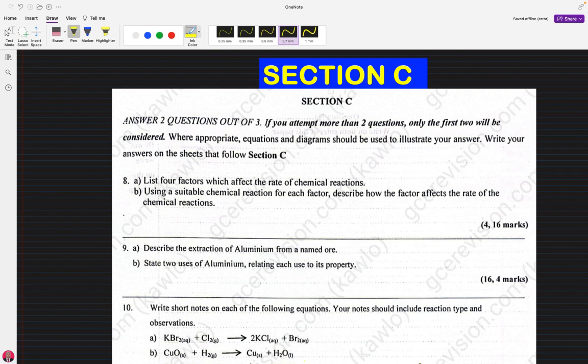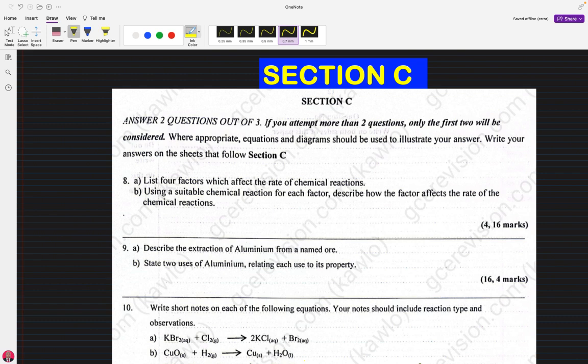Let's get started with A, describing the extraction of aluminium from a named ore. We are going to use a named ore in this description. You have to start with a named ore and give the detailed analysis of how aluminium is being extracted.